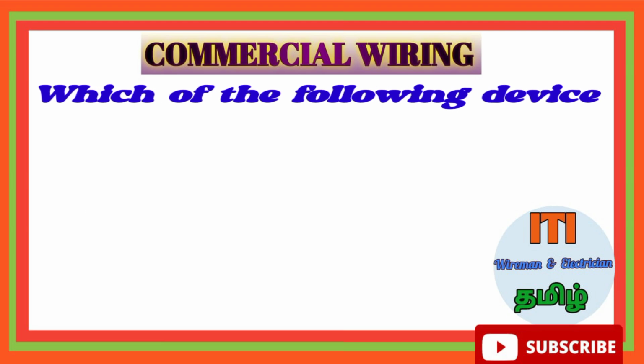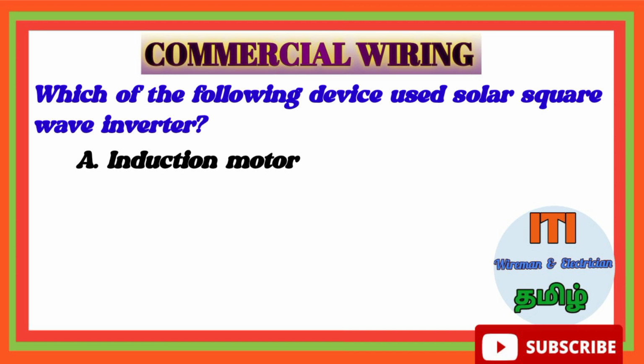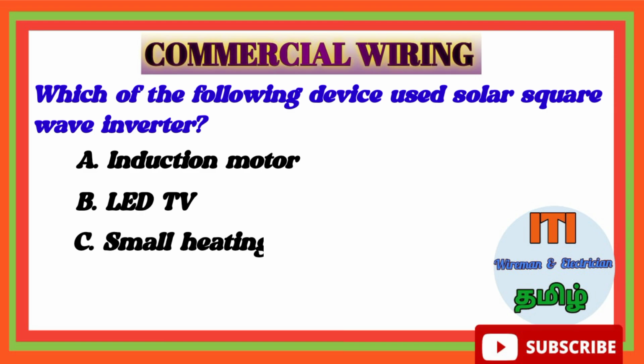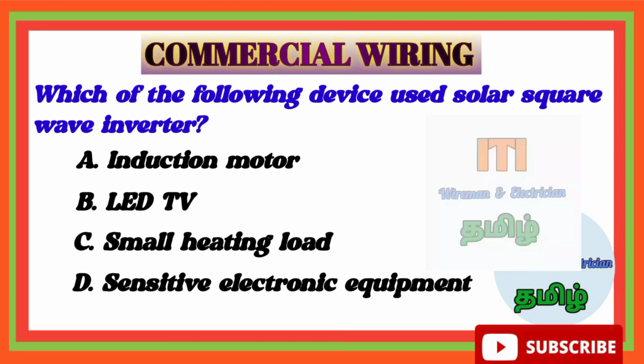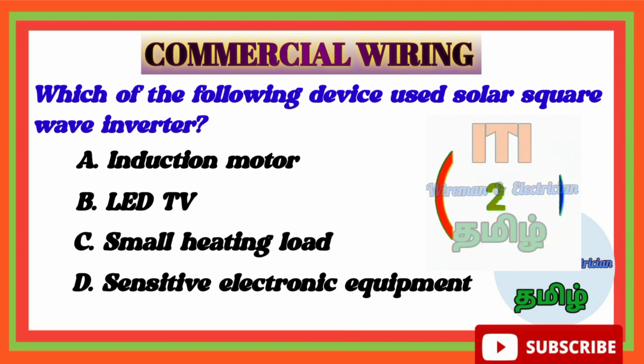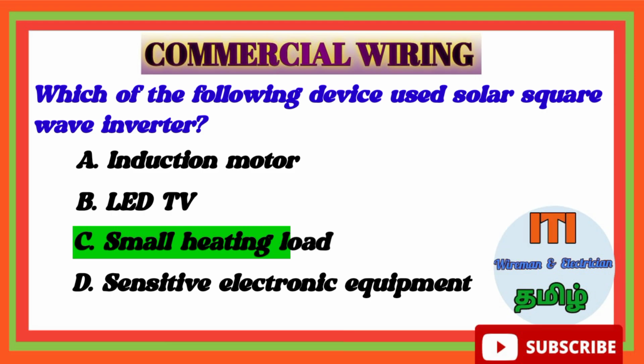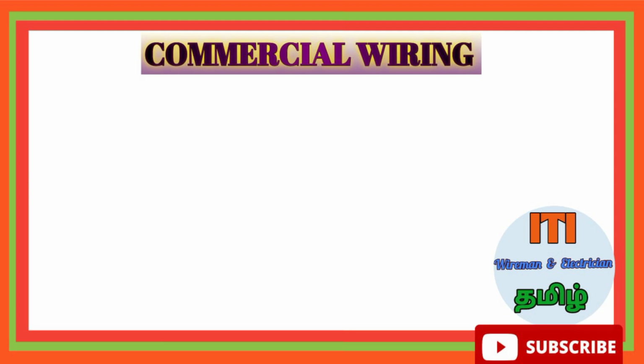Which of the following devices uses solar square wave inverter? Option A, induction motor. Option B, LED TV. Option C, small heating load. Option D, sensitive electronic equipment. Answer: option C, small heating load.